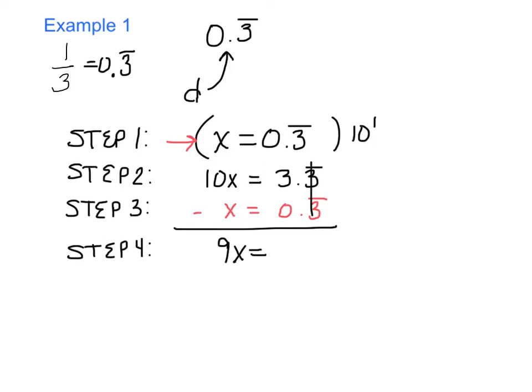I'm left with 3 minus 0, which is just 3. I now divide both sides by 9. X equals 3/9, which gives me 1/3. So if you follow those 4 steps, you can always write a repeating decimal as a fraction.